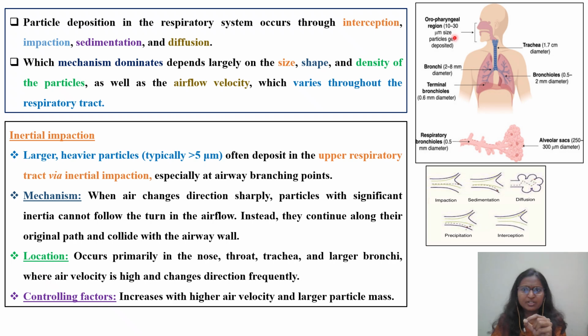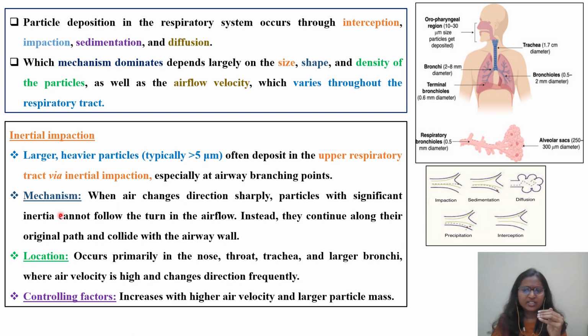In the figure you can see 10 to 30 given, and oropharynx, trachea 1.7. Every diagram will be a little different with the units, but you have to remember that for particle size more than 5 micrometers, the mechanism is impaction and they are deposited in the upper respiratory tract branches.